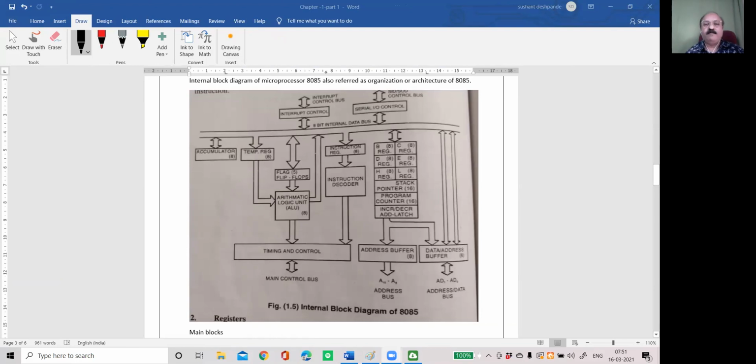Done? Good. Now let's observe and see this architecture. It's very easy. Try to draw this particular diagram with the functionality.